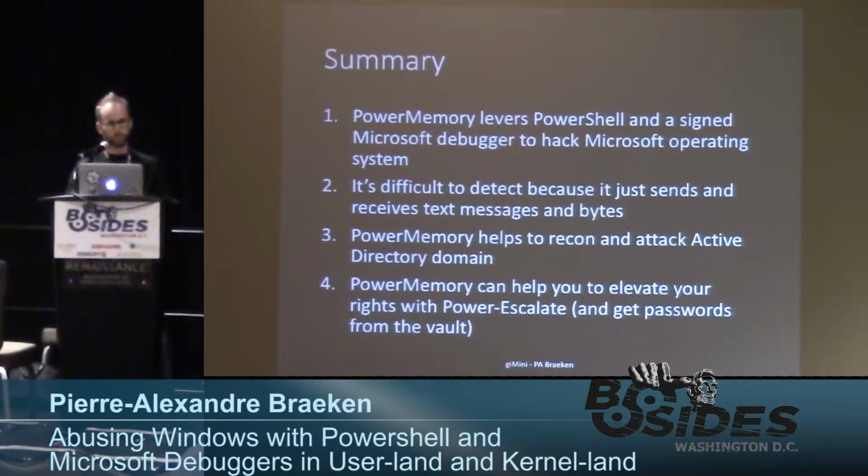So, you know, if you see that, it won't be very easy to detect. You can also make reconnaissance, I don't know how to say that, of an Active Directory domain. And you can also try to escalate on a workstation and endpoint.